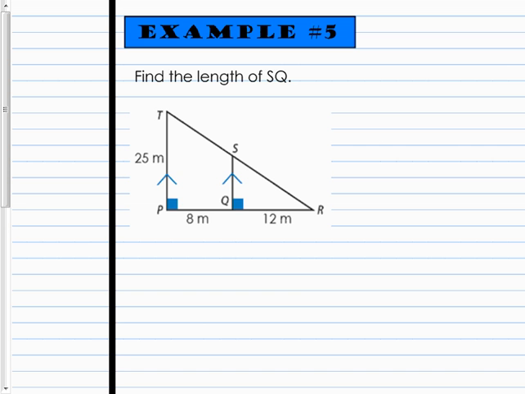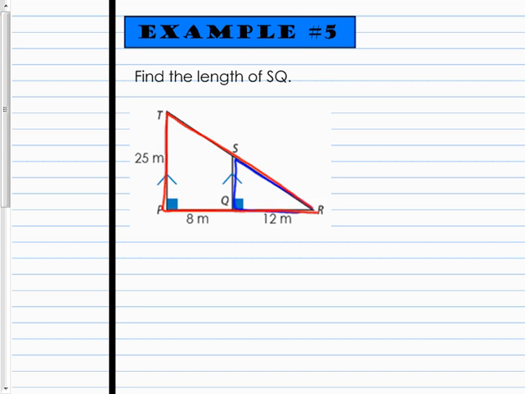Last problem. I'd love for you to pause the video and try it on your own before I go through it. Any of these problems would be great for you to do on your own. We're going to find the length of SQ. Okay? So we have this triangle that I've outlined in blue, and then we have this triangle that I'm going over in red.